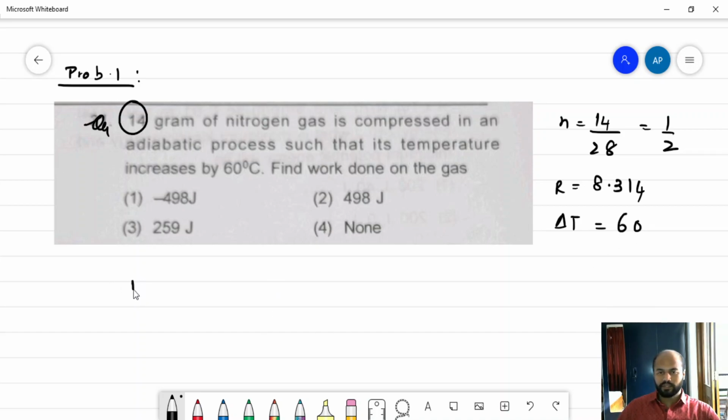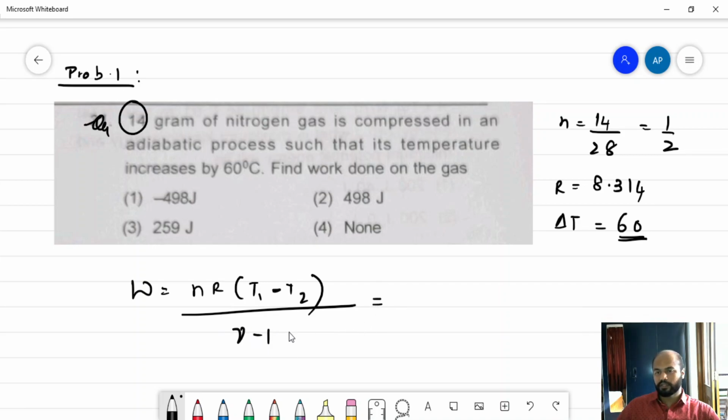So now that we know this, we can find the work done as nR (T1 minus T2) by gamma minus 1. But the temperature increases by 60, so since the temperature increases, this value is going to be negative, which is 0.5 number of moles into 8.314 into 60 divided by gamma minus 1.